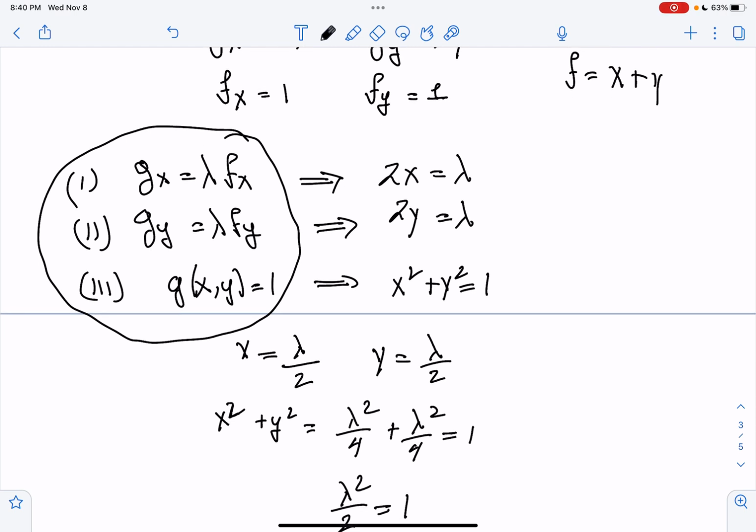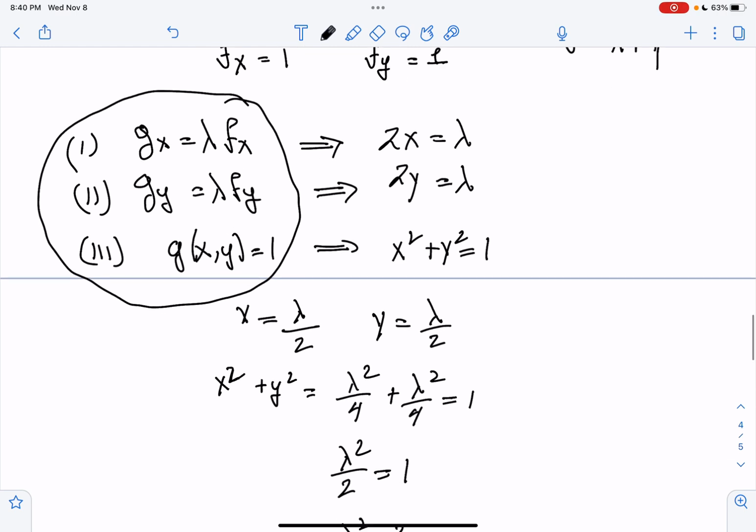If we solve the first equation, we get x equals lambda over 2. Solving the second gives y is lambda over 2. We plug those two values for x and y into our third equation, the constraint, x squared plus y squared.